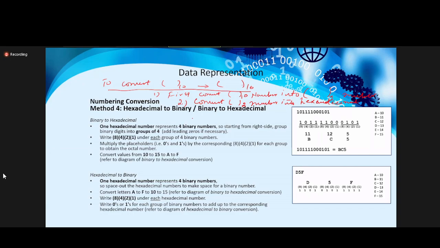So in order to convert any decimal to hexa, you can simply first convert that number into binary, and from binary you can change it to hexa. Or if you don't like to go with a two-step conversion, then you can adopt a one-step conversion. For instance, 32: you can divide it by 16.